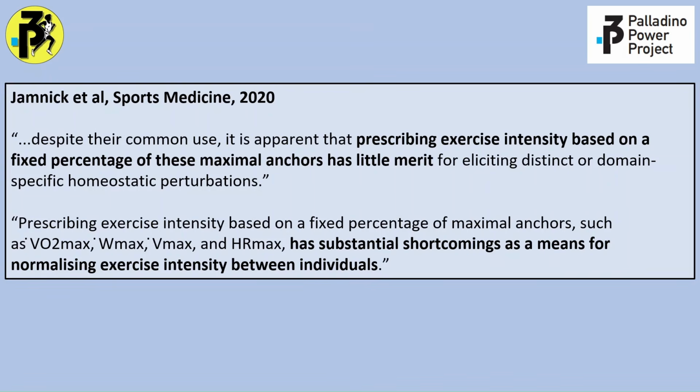And furthermore goes on to say that prescribing exercise intensity based on a fixed percentage of these maximal anchors has substantial shortcomings as a means for normalizing exercise intensity across individuals.